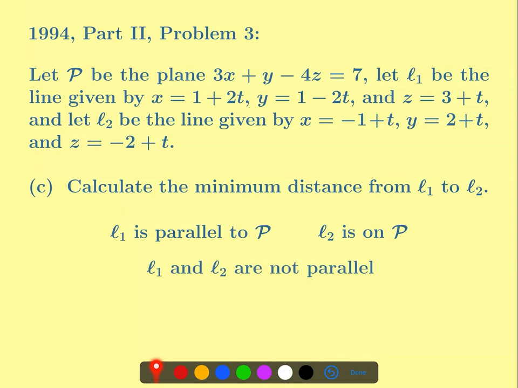So if we take L2 as on the plane and we're looking at L1, at some place, L1 is going to cross right over or right under L2.